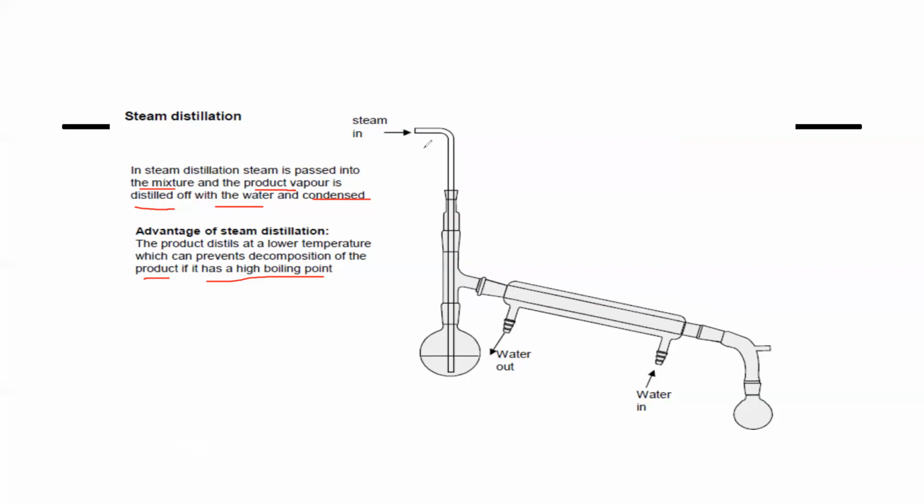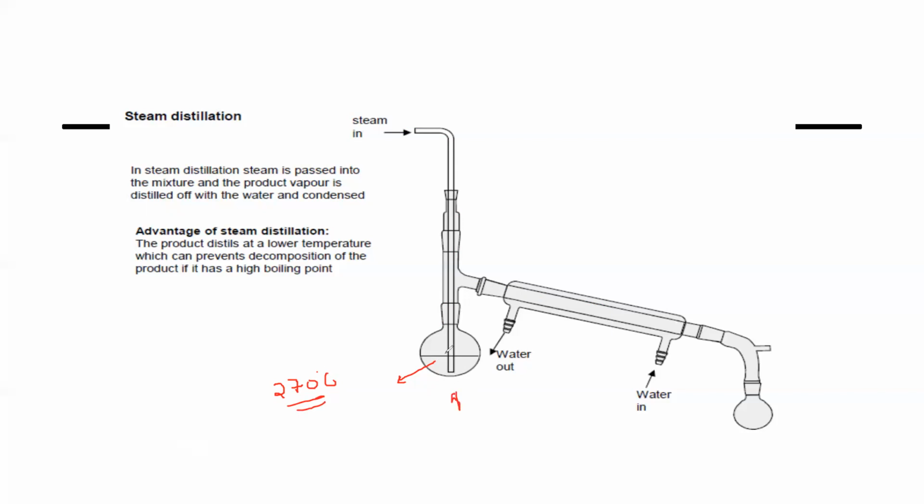So basically, when you supply heat energy, the temperature of the substance will increase. If a substance has a high boiling point, for example, if the boiling point of this liquid which I want to collect is 270 degrees centigrade, I have to supply heat energy until it reaches its boiling point.